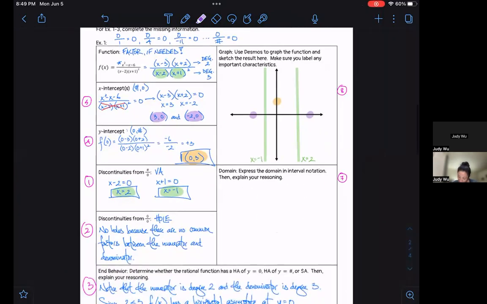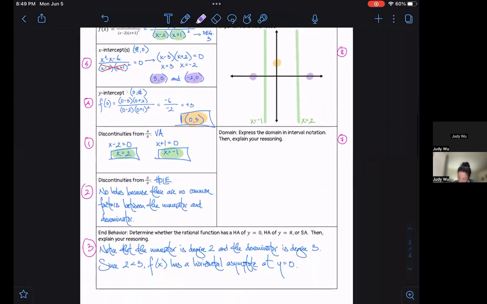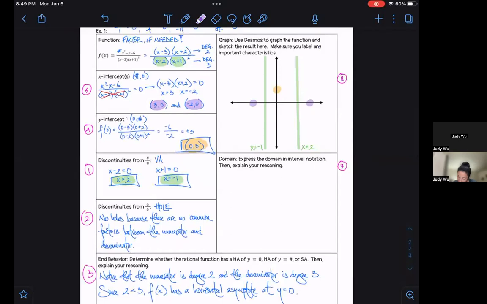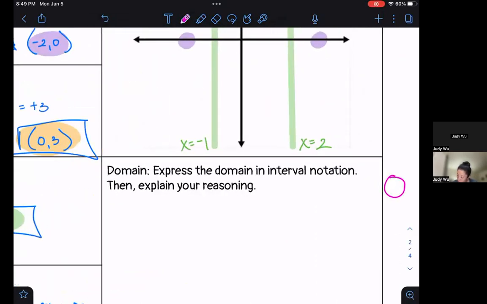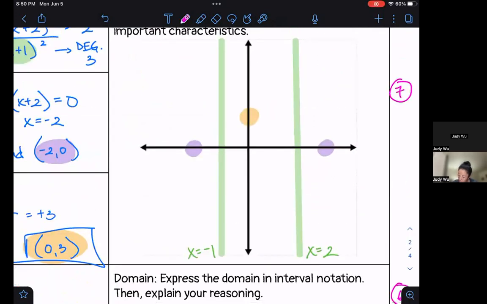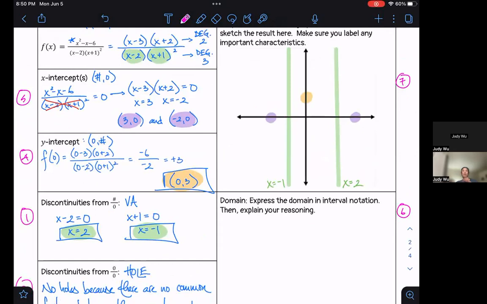All right. So far we've done 1, 2, 3, 4, 5. I believe this was supposed to be 6 and 7, not 7 and 8. Don't tell anyone your math teacher can't count. 6 and 7. Okay. So the domain, all right, it says express the domain in interval notation, then explain your reasoning.